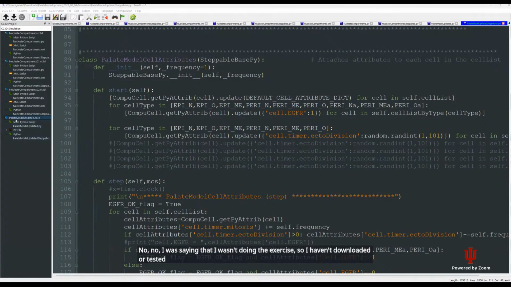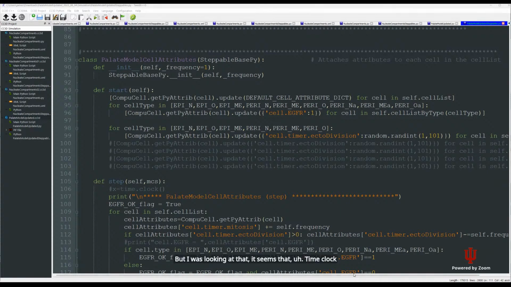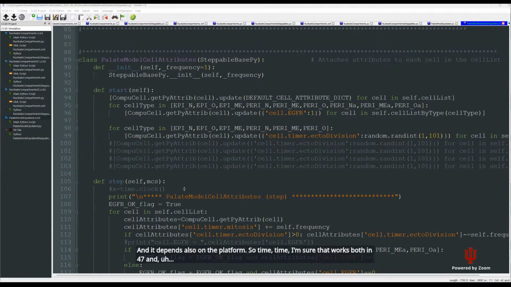But it seems that time clock is deprecated in later versions of Python, and it depends on the platform. So time, I'm sure, works in both 4.7 and 4.6 and in the latest Python.